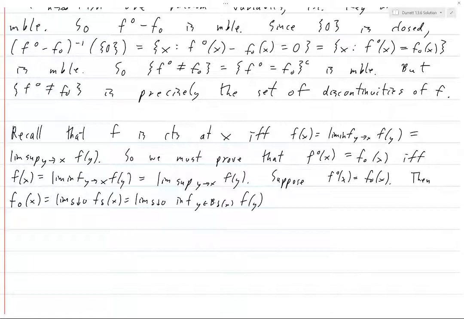When you have a lim sup, you can write it either as a limit of a supremum or an infimum of a supremum. And so if you were to take this and write it as a supremum of an infimum, then you would have the fact that this is measurable.